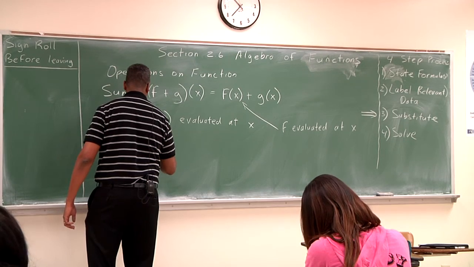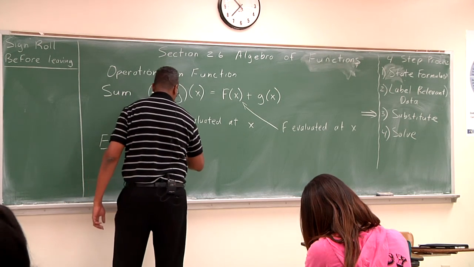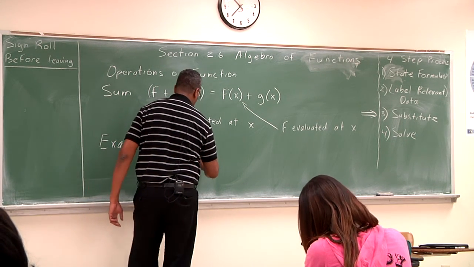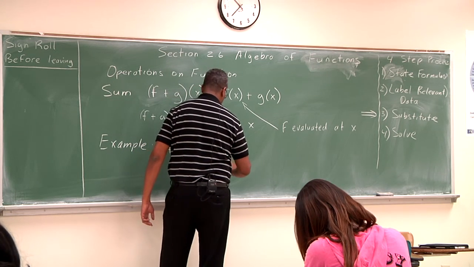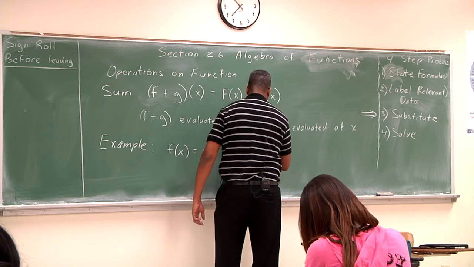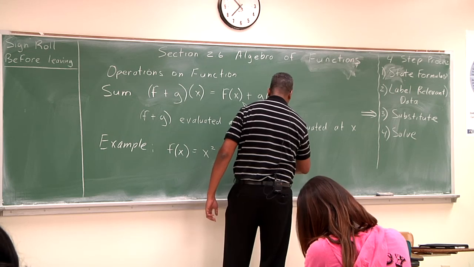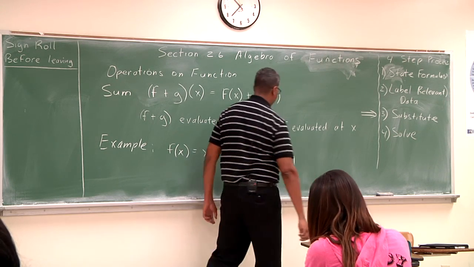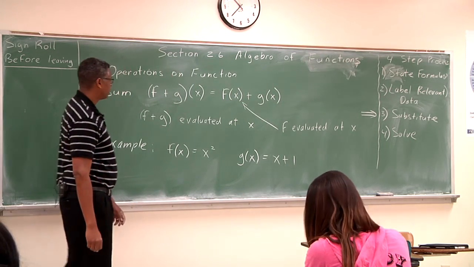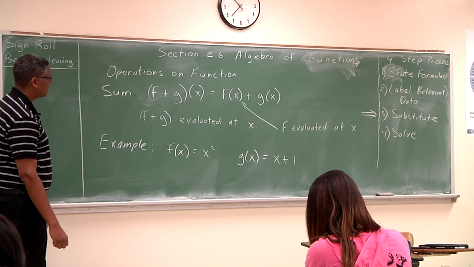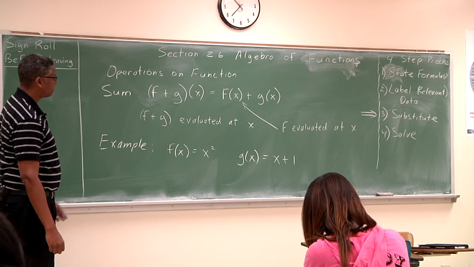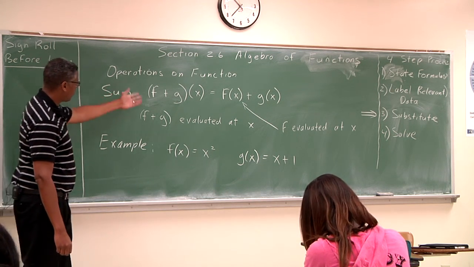For example, suppose we're given f of x equals x squared, g of x equals x plus 1. So those are the two given functions, and our problem is to determine what is f plus g.